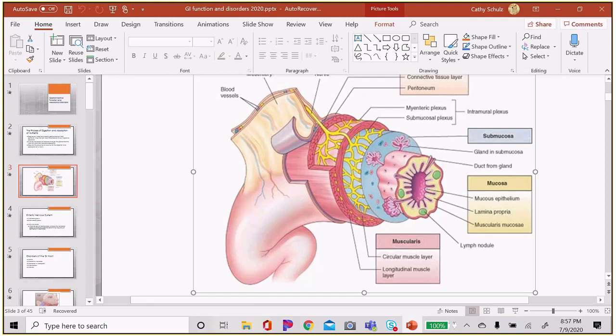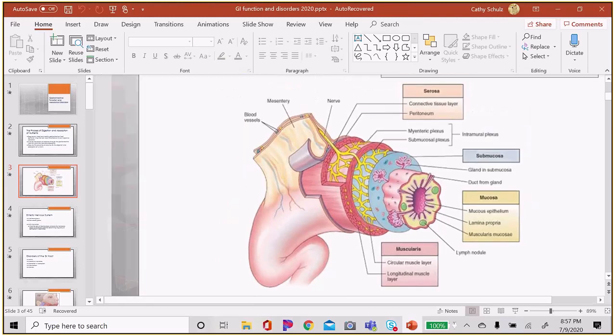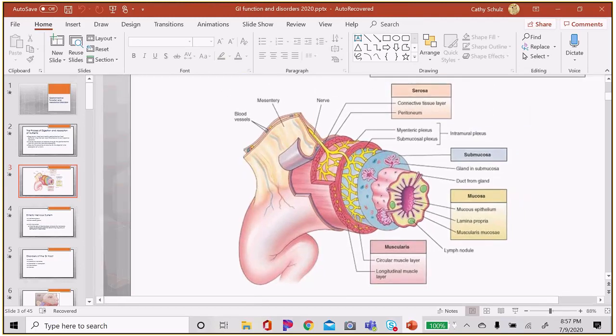After the submucosa is the muscle layer, which is circular muscle layer of smooth muscle that's controlled again by the parasympathetic nervous system. But the GI tract itself has its own nervous system called the myenteric plexus.